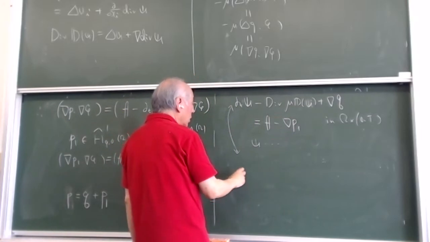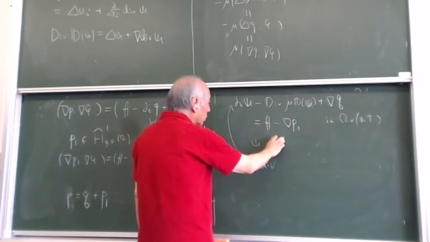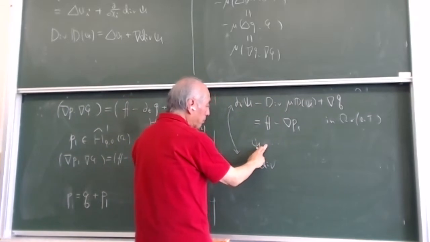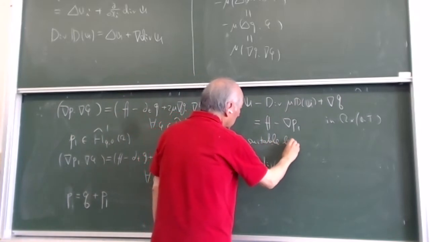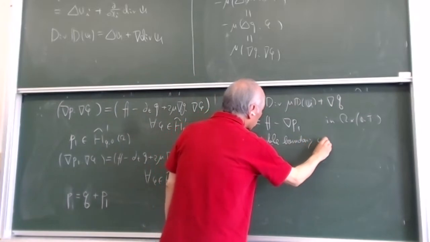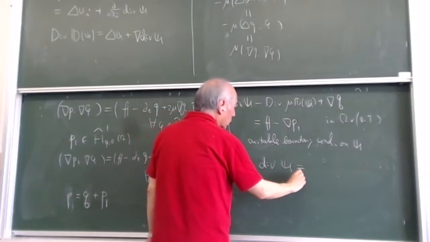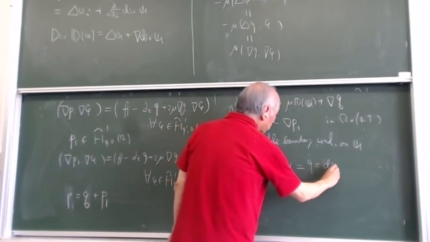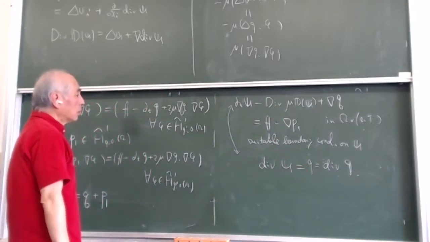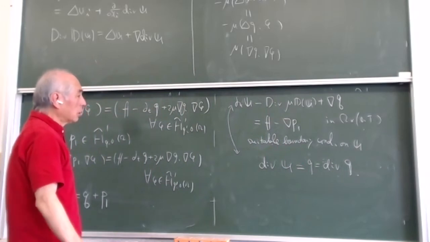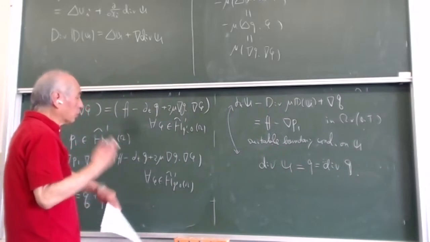Therefore, then you can say that if you solve this one under some suitable boundary condition, then you can prove that U is equal to T. Maybe later I give you more precise, but now the idea how to solve the equations.